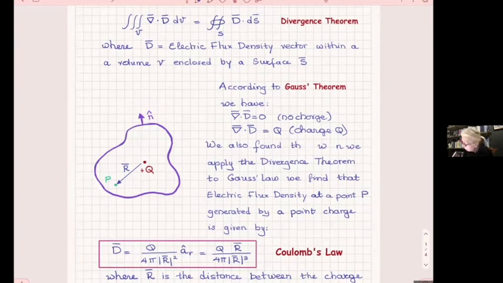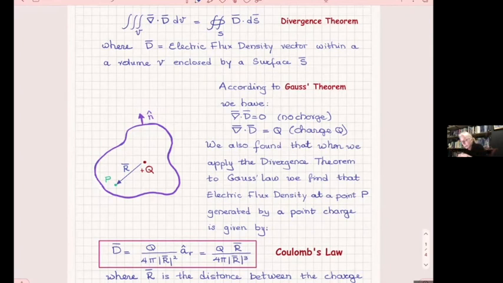What we have found is, when we apply the divergence theorem to Gauss's law, we define a volume V. And maybe you have only one point charge Q there. You see only plus Q, the red charge, at the center or at some point of this volume.